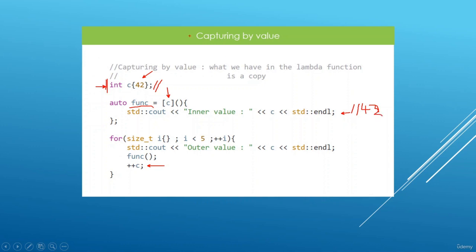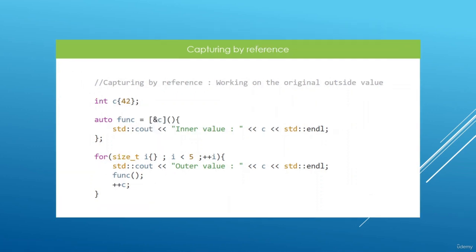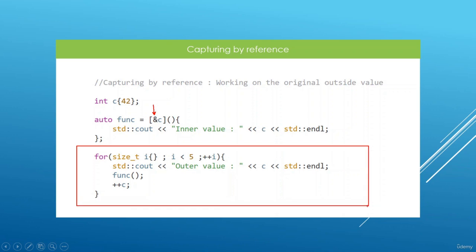Okay, so now you know that we can capture by value and you know what this really means. Another thing we can do is capture by reference. The syntax to do that is to add an ampersand symbol in front of the variable that we capture. If we do this and run the same code we ran in the last lecture, we're going to see that the changes we do on the outside are going to be picked up by the inner side of our Lambda function because we are capturing by reference.